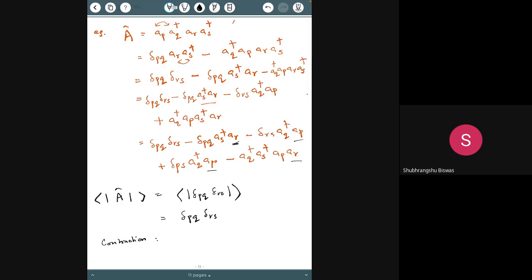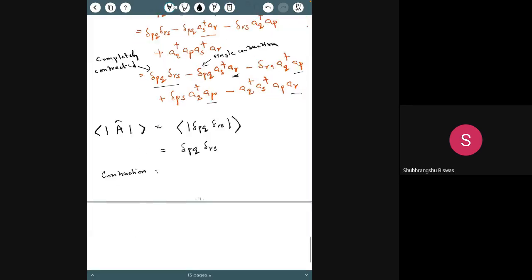Every such delta term corresponds to a contraction. It's called a contraction because it reduces the length of the string. So here the first term is what is called a completely contracted or totally contracted term, because you have lost all the operators. Here you have a single contraction, and this is just the normal ordered string without the contraction.